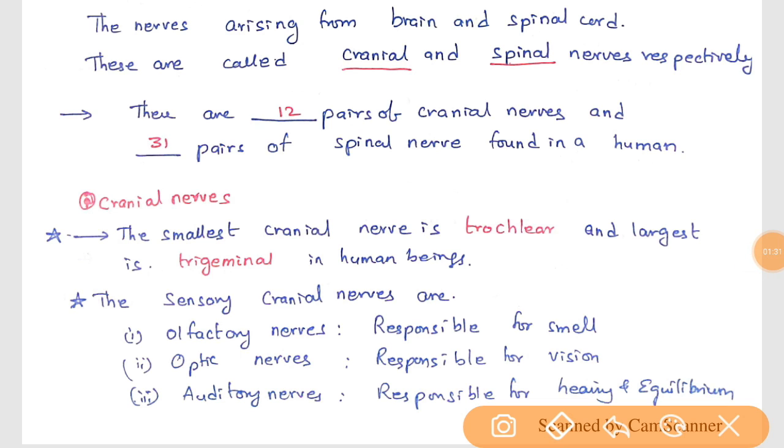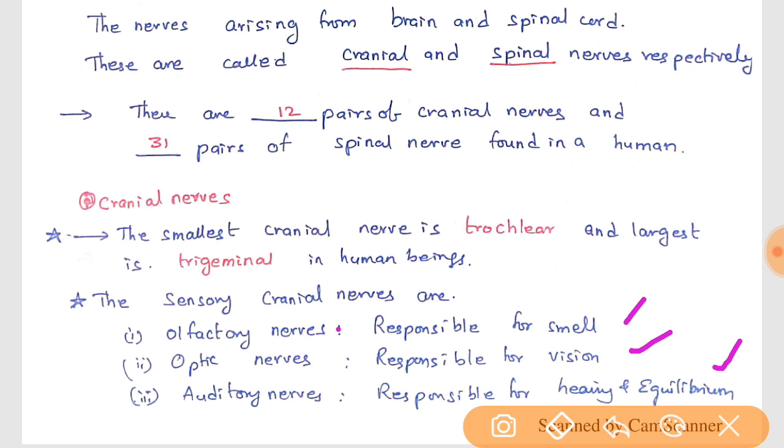The smallest cranial nerve is the trochlear and the largest is the trigeminal in human beings. The sensory cranial nerves are the olfactory nerves responsible for smell, the optic nerves responsible for vision, and the auditory nerves responsible for hearing and equilibrium, friends.